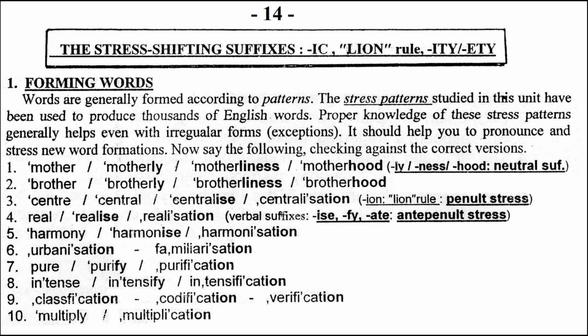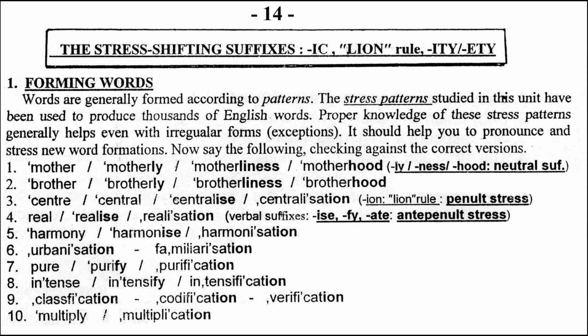Next word is familiarization. So here we have 2 stresses. One is the primary stress, which is on the penult, because of the ION suffix or the line rule. But here we have more than 2 syllables before the primary. We have familiarize, so it means we have 4. And we can't have all of them unstressed in any English word, so we need another level of stress, which is a secondary stress.